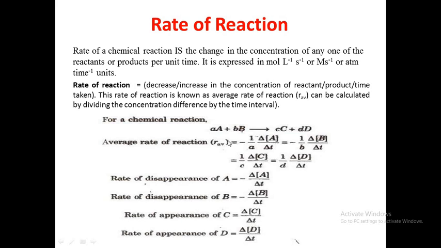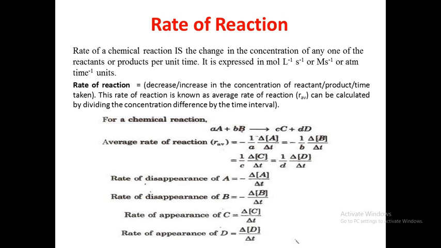Hence, let us now discuss the rate of chemical reaction. For this reaction, suppose A and B are reacting to give C and D, and their coefficients are small a, small b, small c and small d. Okay, now if we consider a bigger time interval, then that rate is known as average rate.